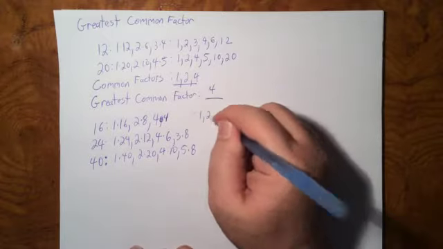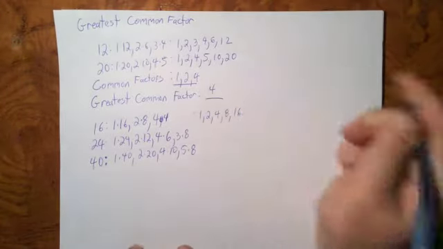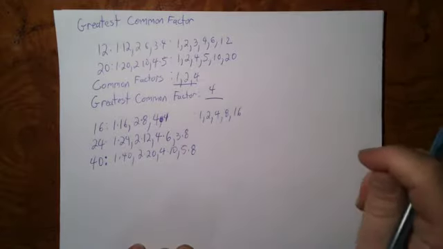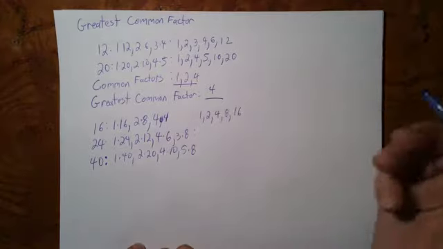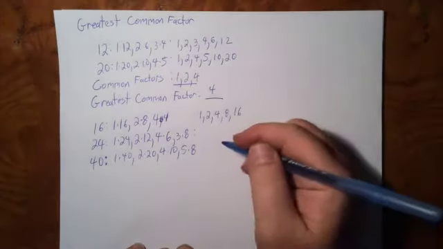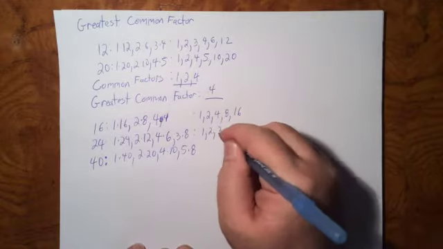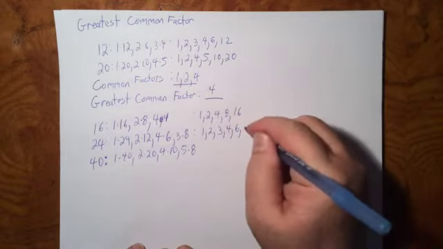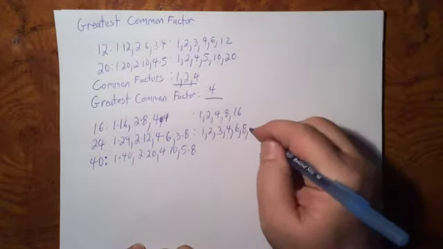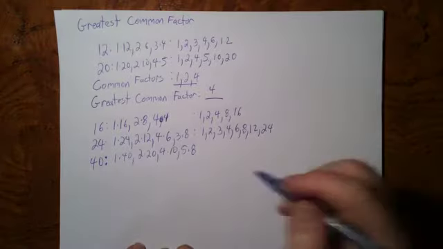1, 2, 4, 8, and 16. Again, I know I'm going through this fast, but feel free at any time to pause the video to collect your notes on this. The factors for 24 in numerical order are 1, 2, 3, 4, 6, 8, 12, and 24.